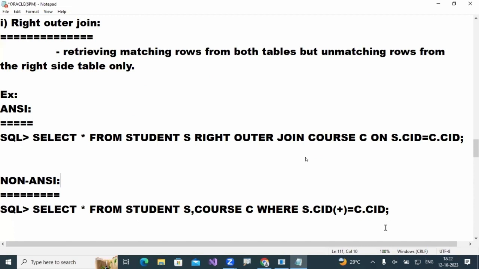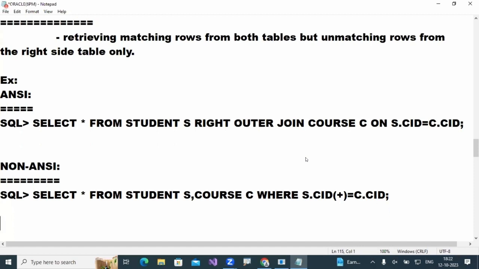In left outer and right outer, again, each has its own drawbacks. Left outer join misses the right side's unmatching data. Right outer join misses the left side's unmatching data. So to get complete information from the tables, what should we do?